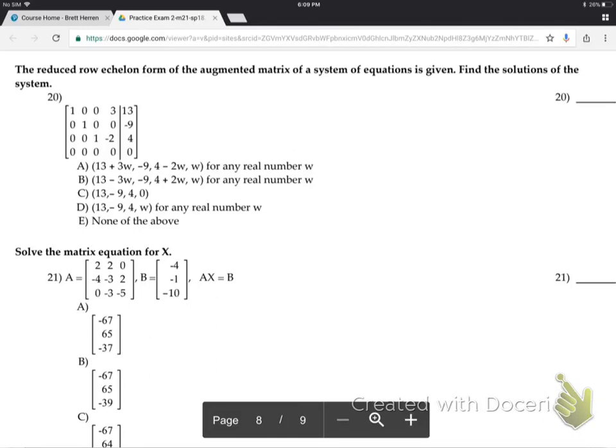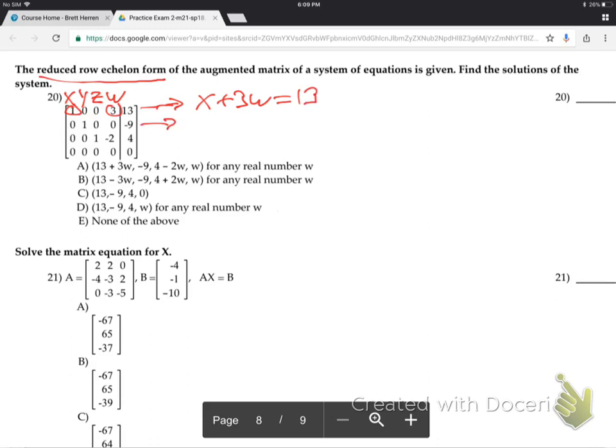Okay, so number 20. So this is X, this is Y, this is Z, this is W. This is an RREF, reduced row echelon form answer. So what you got to remember for that is the first column is X, then Y, then Z, then W. So what does that mean then? What is this first line saying? X, right, 1X, plus 3W equals 13.